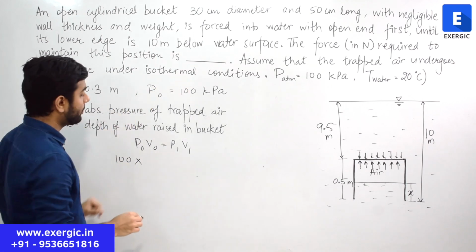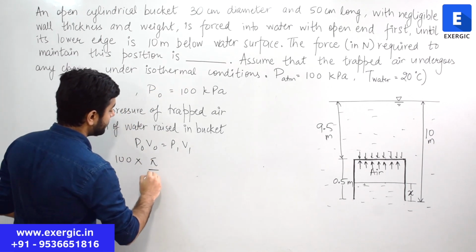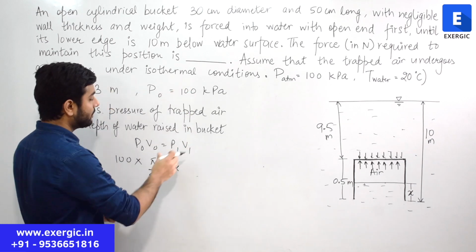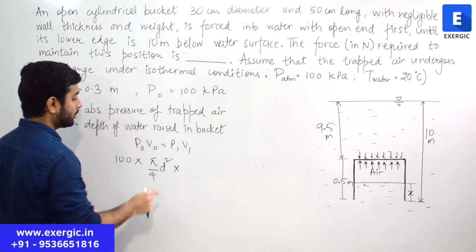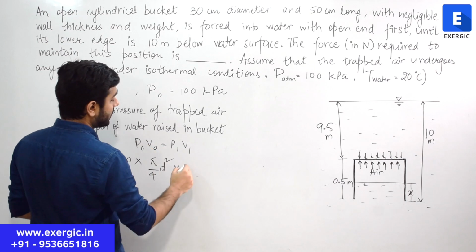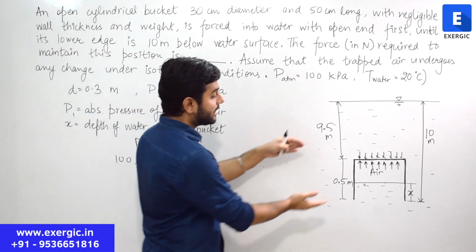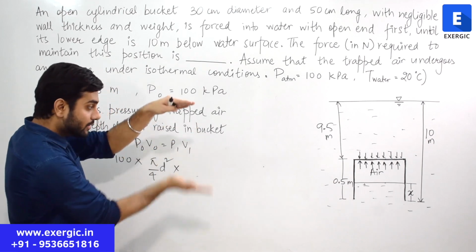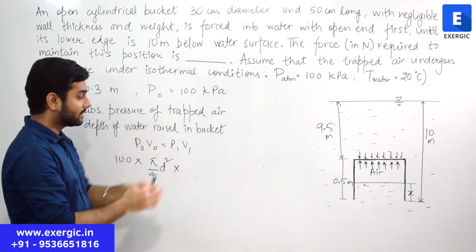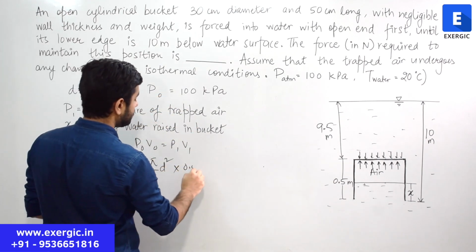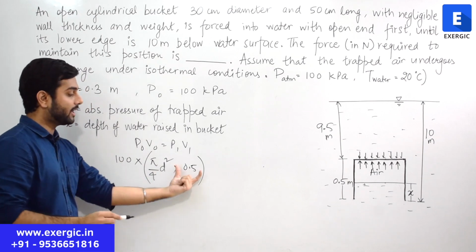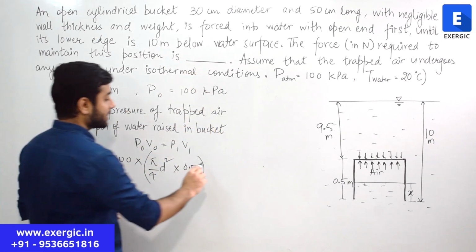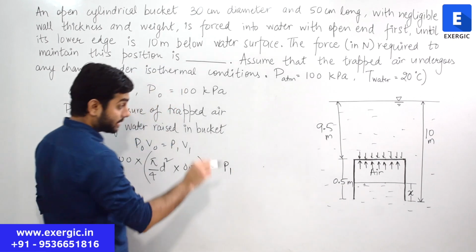Initial pressure 100 kilopascal, volume pi by 4 d square, diameter is not changing. So d1 or d0, we don't need to write, just d1. Area multiplied by how much was the air initially? Full bucket was air, right? So its height or length was 0.5 meter. This is the volume, area multiplied by height of the trapped air initially at atmospheric pressure is equal to P1, the pressure right now.